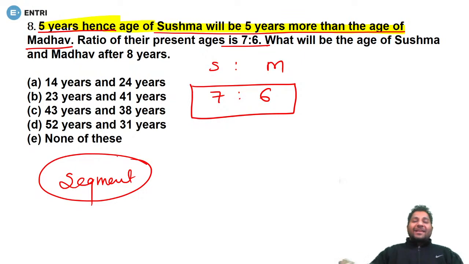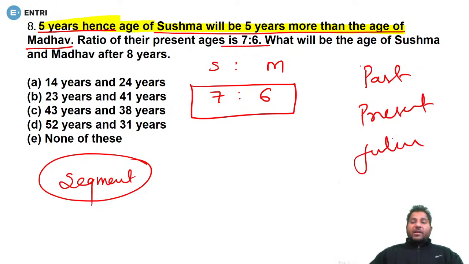This question is nothing. Look at this. I have already told you, whether we are talking about past, present, or future, the difference between any two persons will remain the same always. That's the mantra you have to remember. So they are talking about 5 years hence, that means after 5 years from present age, Sushma's age will be 5 years more than the age of Madhav.